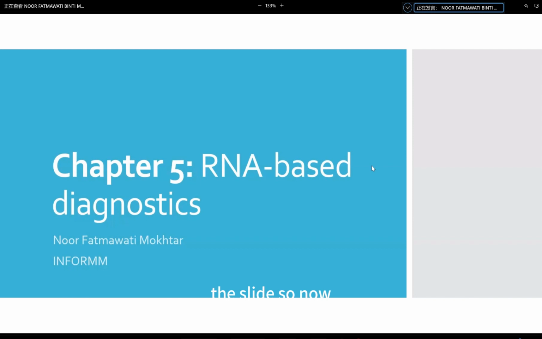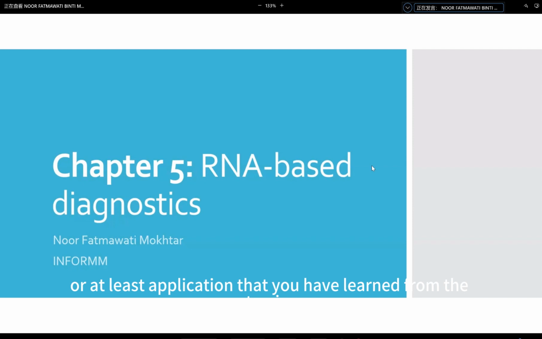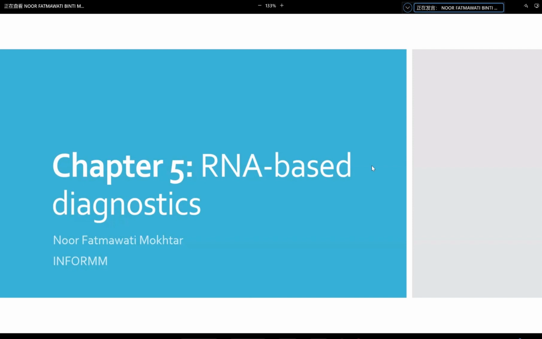So now RNA-based diagnostics. I'm sure previously Dr. Aziaz already covered the DNA-based diagnostics, right? So in that DNA-based diagnostics, may I know what are the technologies or at least applications that you have learned from Dr. Aziaz?